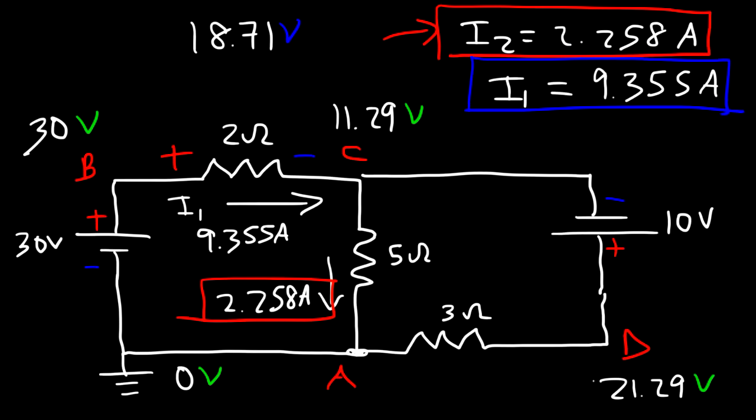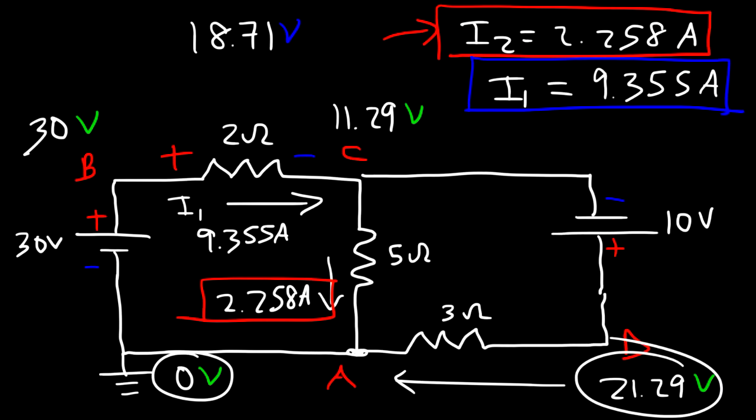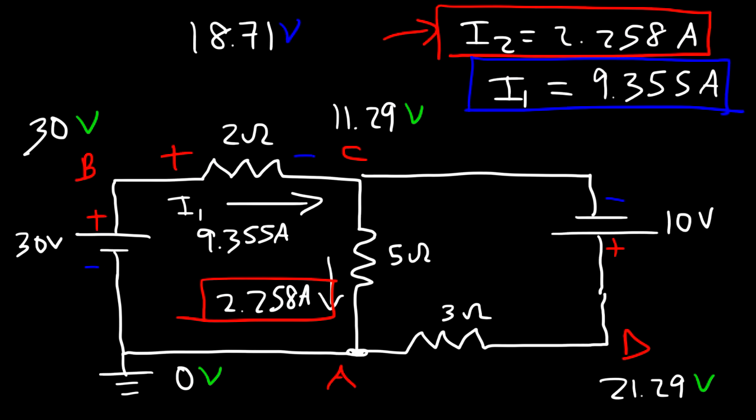Now, if we go from D to A, the potential difference, or the voltage across the 3 ohm resistor, is 21.29 volts. So if we take 21.29 and divide it by 3, that will give us the current flowing in this resistor, which is 7.09 and then 6 repeating. So we can round that to 7.097 amps.